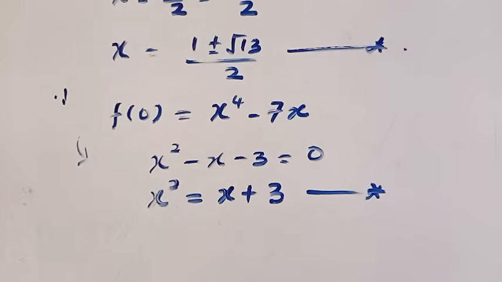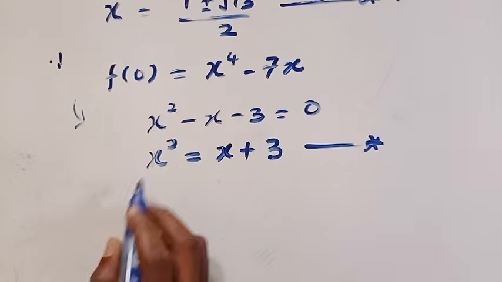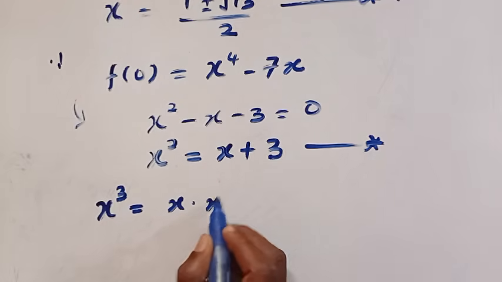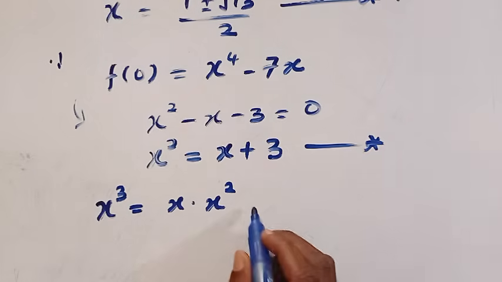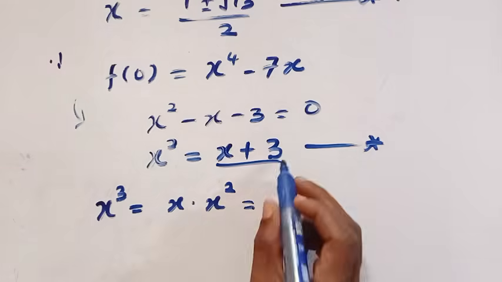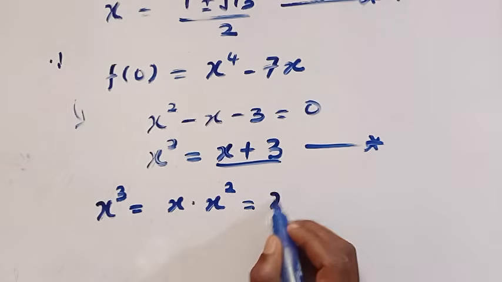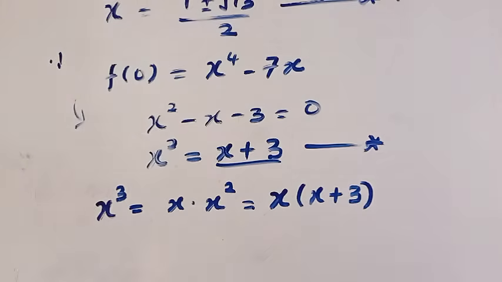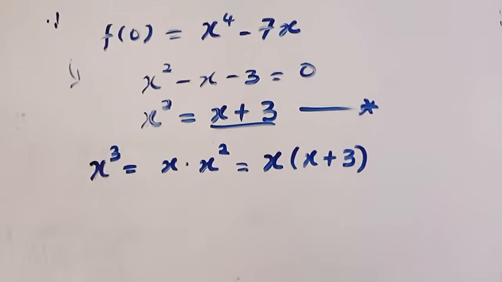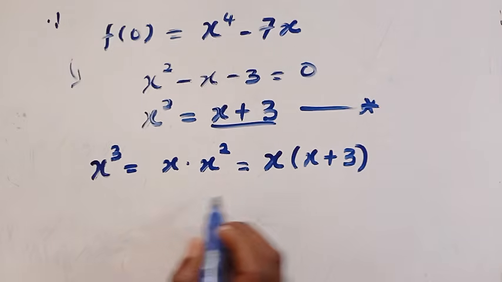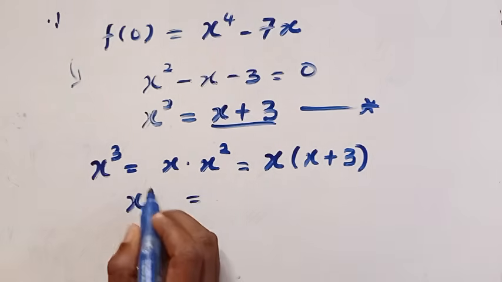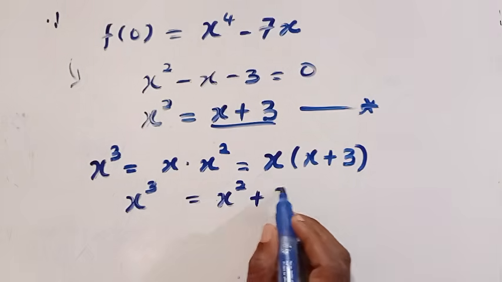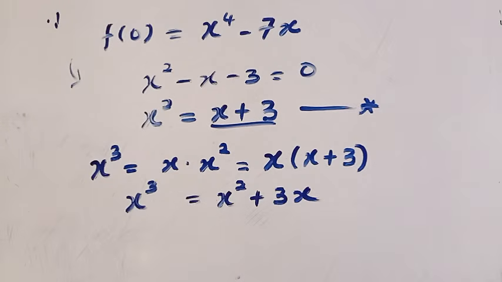Let's try to know x to the power of 3. To know x to the power of 3, we have x multiplied by x squared. We shouldn't forget that x squared is given as x plus 3. Then opening this, we have x power of 3 equals x squared plus 3x.